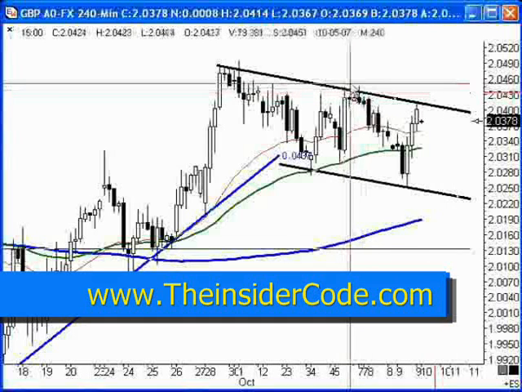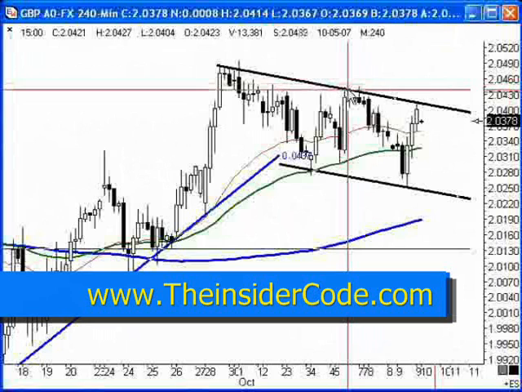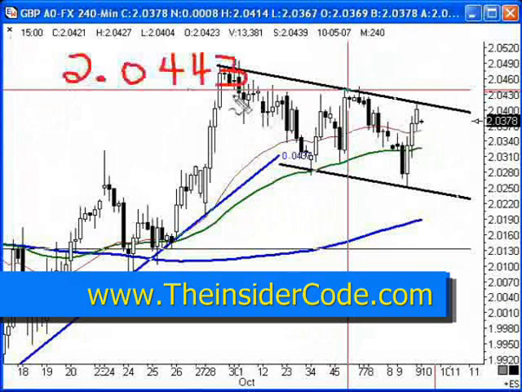So if you're going long at 443, let me draw that in, that would be 2.0443. Your target is going to be 490. Your stop, on the other hand, is going to have to be quite a ways away, actually right near the 400 level. So you're looking at risking 43 pips to make about 43 pips. Not a very good proposition to the upside.